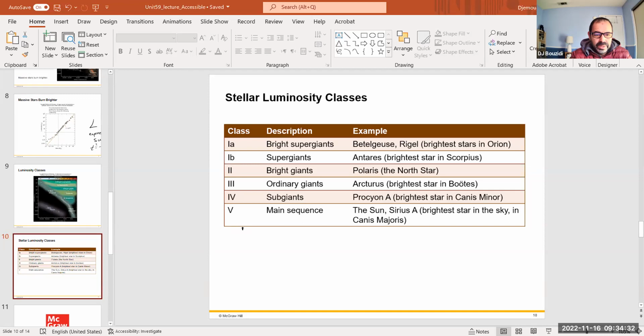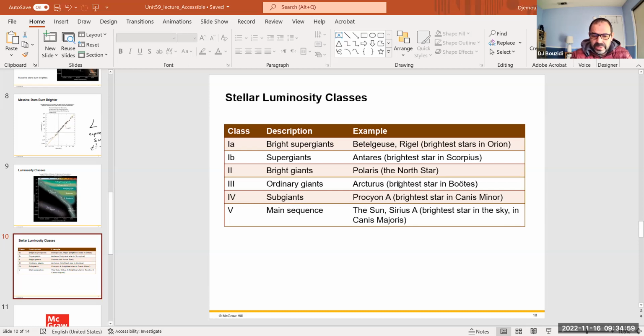So again, the classes in this case: you have class 5, which are main sequence stars. In the lab yesterday, we were supposed to only calculate it for the main sequence stars, but you also have the subgiants, like Procyon. Procyon turned out to be not a class 5, but class 4.